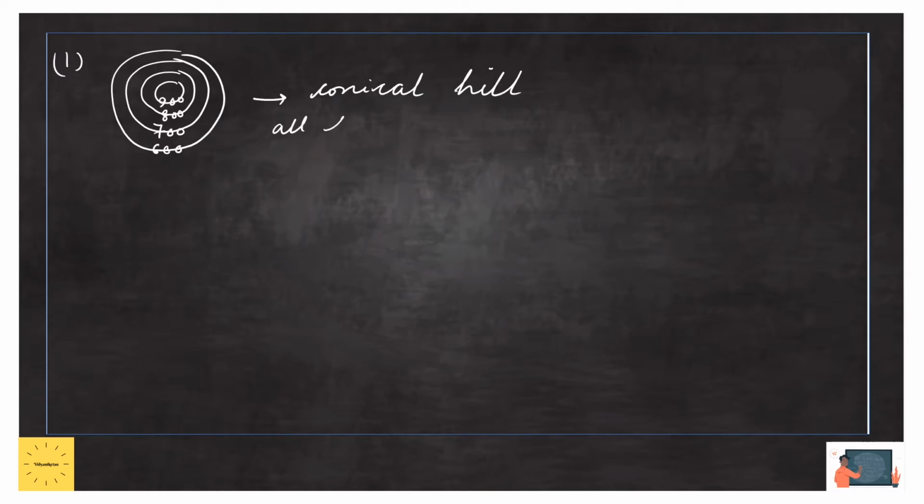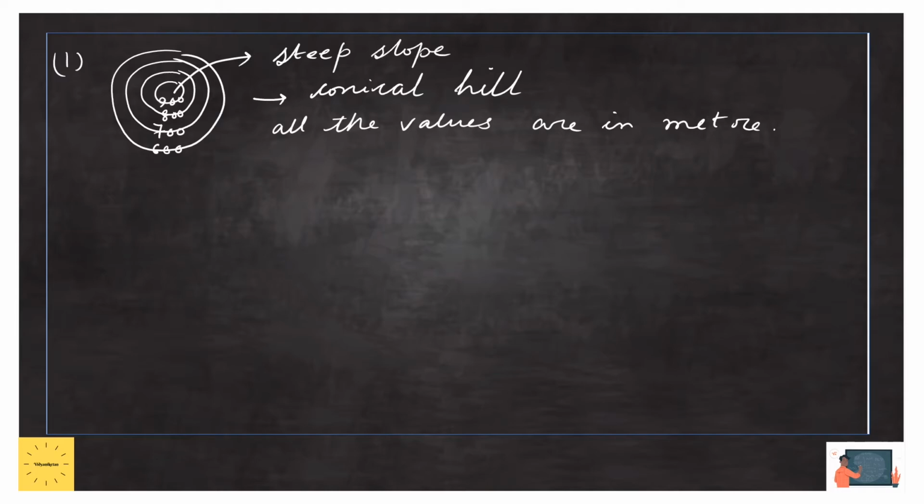And remember, all the values are in meter, right? So in the conical hill, you can see that the middle part is almost near about circular and the value is increasing towards the inner part. So this will form steep slope and the value is decreasing towards the outer part. So this is representing 600 meter. So here will form gentle slope, right?